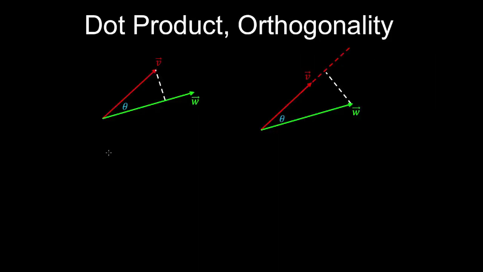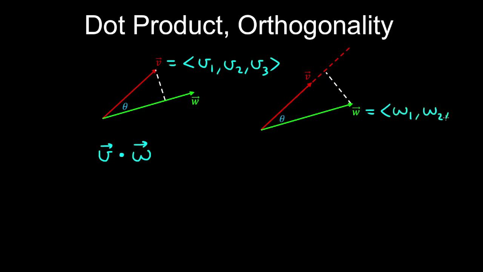The dot product, which is called the scalar or inner product between two vectors v and w, which is denoted v dot w, where the vector v has the components v1, v2 and v3, and the vector w has the components w1, w2, w3, is defined as the sum of the products of the individual components.